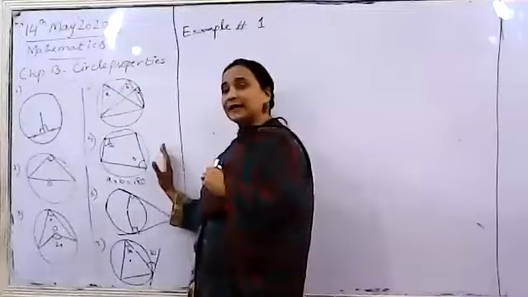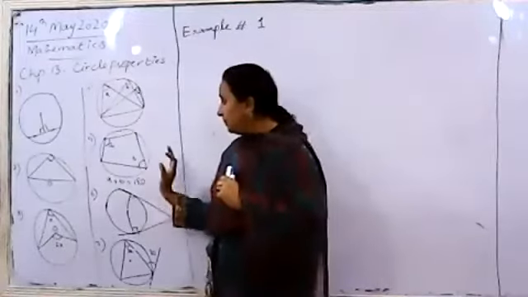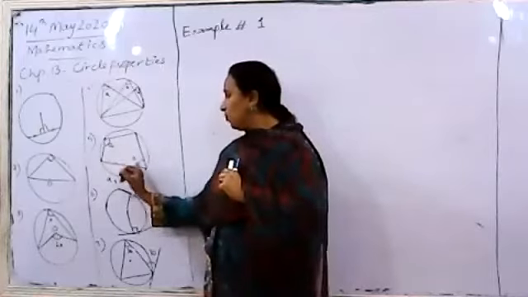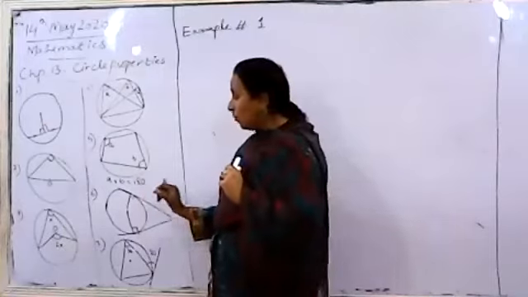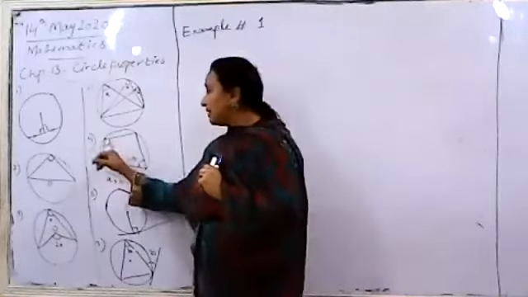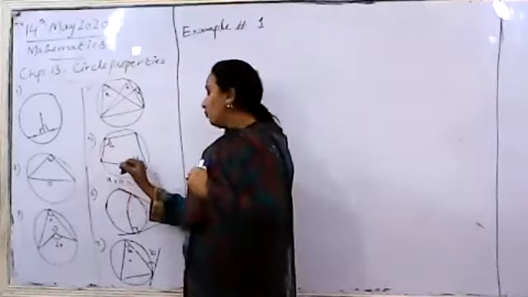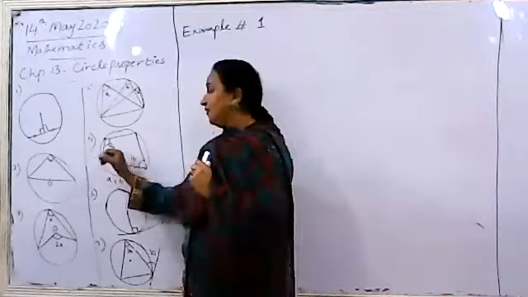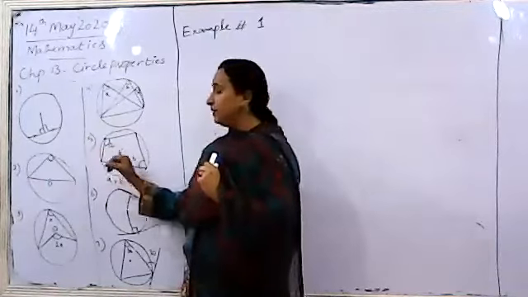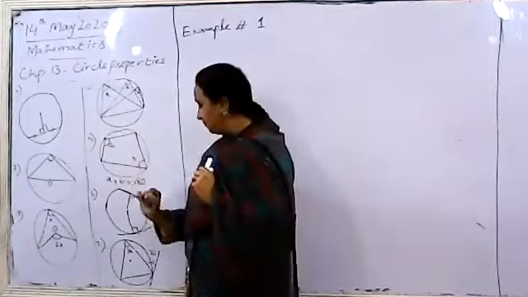And when you have a cyclic quadrilateral with you, it means that the sum of opposite angles is always equal to 180 degrees. How can you prove that? If this angle is going to be 30 degrees, what would be this angle? This angle would be 150 degrees. If this angle is going to be 40, this angle would be 140.